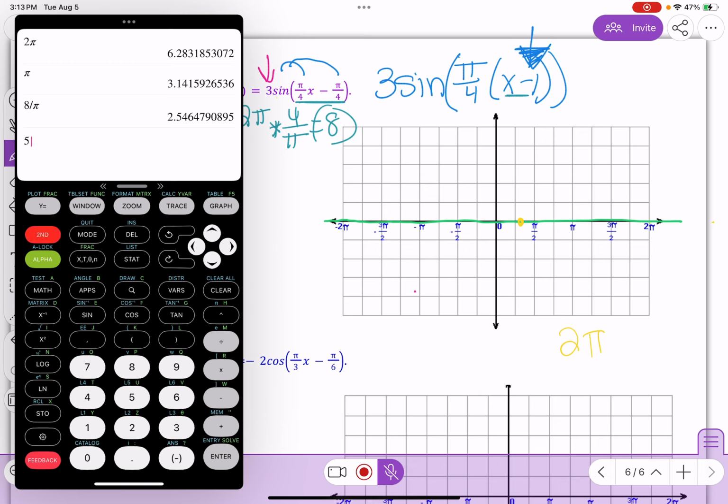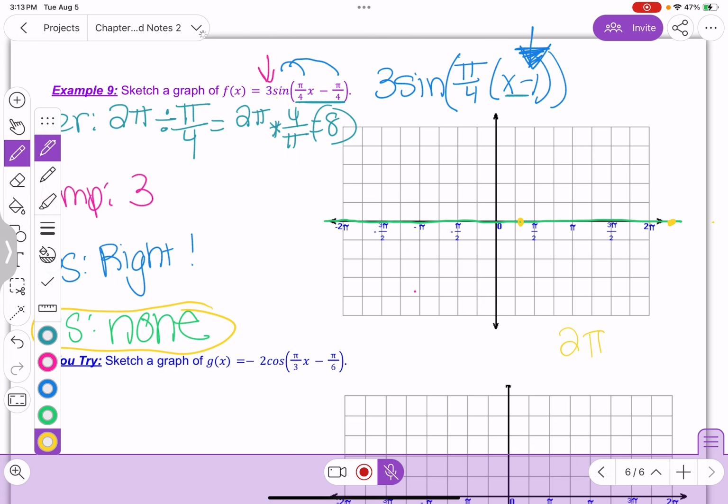What's 5 pi over 2? 7.85. So let's say 8's about here. We're estimating; the ones on the computer would give you units that are helpful. So it's about 8. So the middle is going to be about 1, 2, 3, 4, 5, 6, 7, 8. 1, 2, 3, about here.